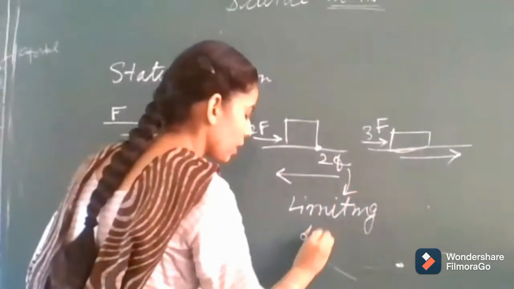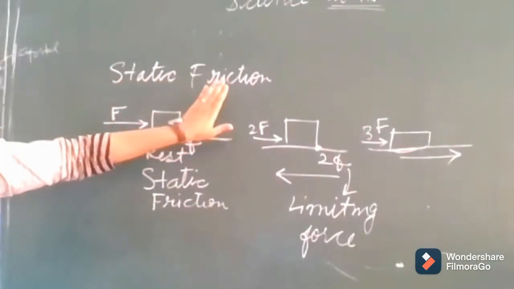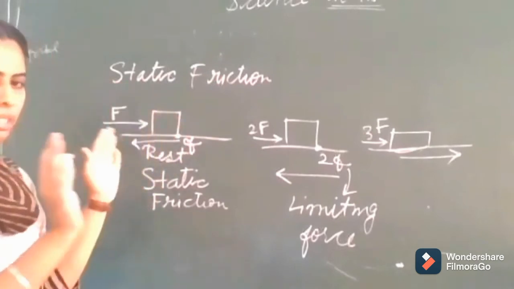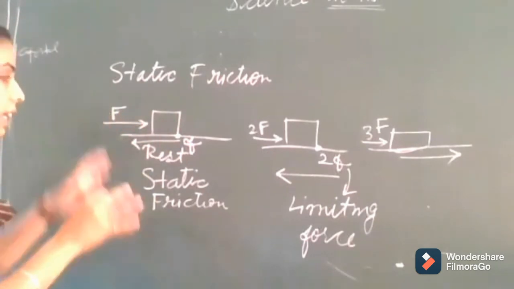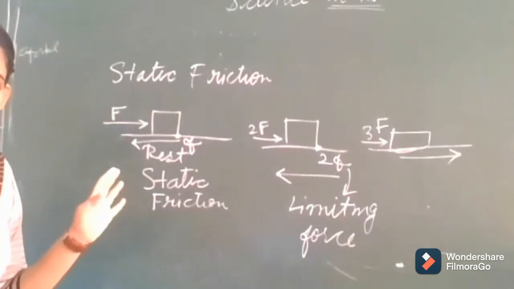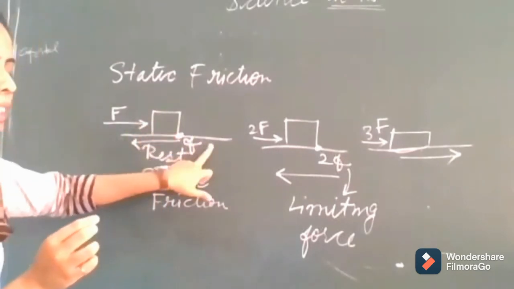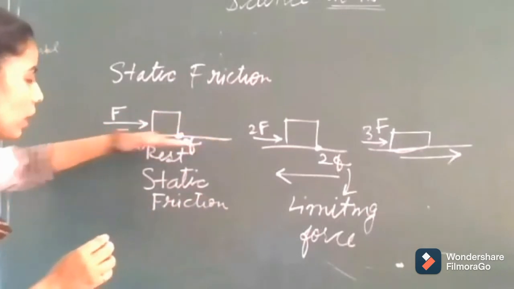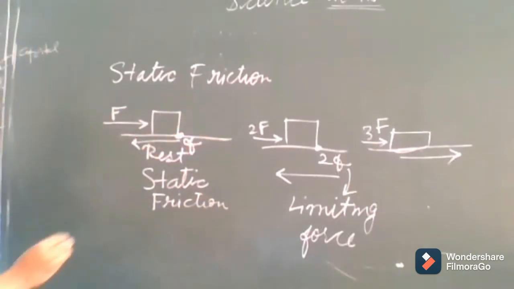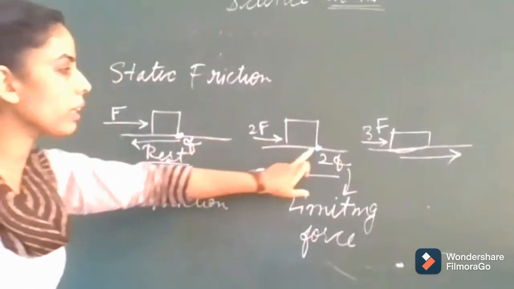Clear? Just understand this. I am repeating again. See carefully. Static friction will come at that point when the box is at rest. Suppose that I am applying force F. Still the box is not moving. Clear? So there is a force of friction also acting between the box and the surface. Therefore, it is not moving, and the friction is equal but in the opposite direction. So the box is at rest. Now I have increased the force to 2F. What will happen?